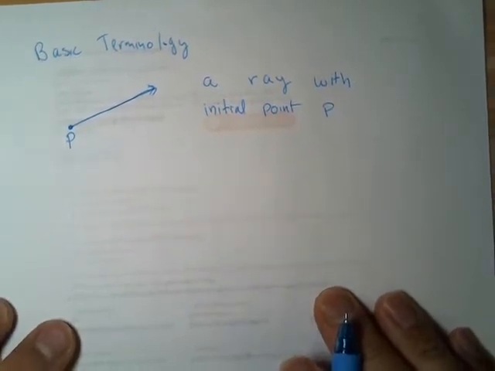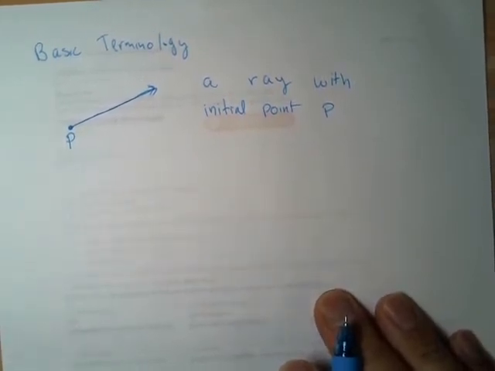So that is our basic building block for an angle, right? An angle is actually two rays that share the same initial point.